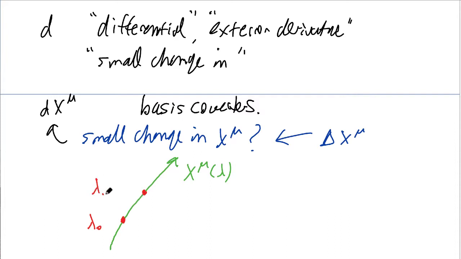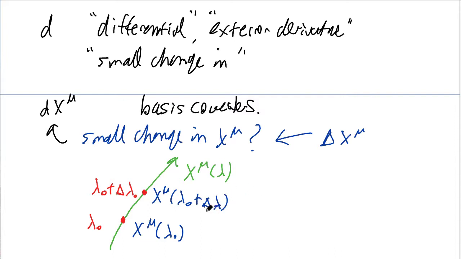We'll call it lambda 0 plus delta lambda, where again the symbol big delta just means a small change in lambda. So the coordinates of this point are x mu of lambda 0, and the coordinates of this point are x mu of lambda 0 plus delta lambda.